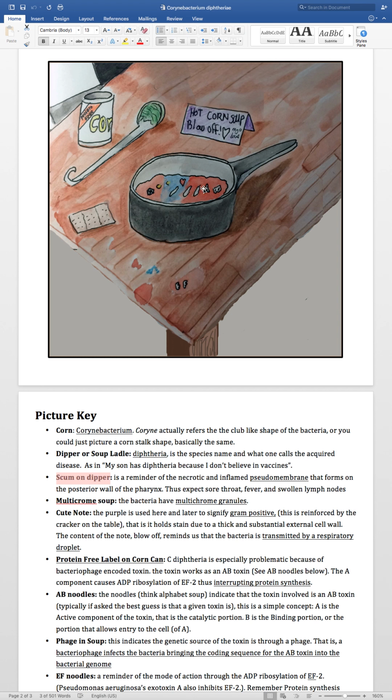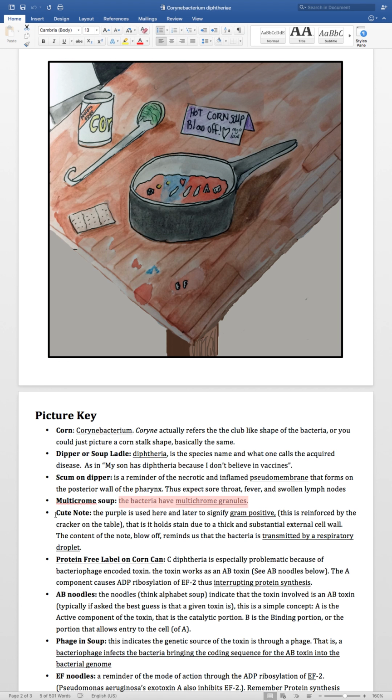Notice this soup is a little psychedelic. It's a little multicolored. It's a little multichrome. So the bacteria have multichrome granules, which just means it has granules that have sort of multiple colors in them. I guess it'd be part of identifying what bacteria this is.